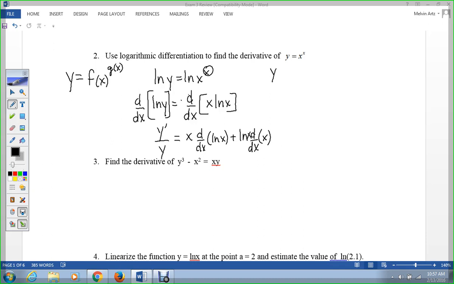So we would have y prime divided by y equals, so we have x times the derivative of the natural log of x, which is 1 over x, plus the natural log of x, and then the derivative of x is just 1. So if we clean that up a little bit, we'd have y prime divided by y equals x divided by x, which is 1, plus ln of x.